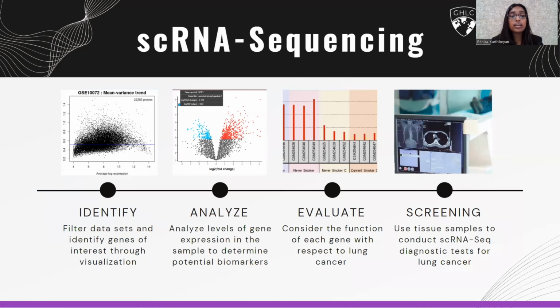In the context of lung cancer diagnoses, scRNA sequencing can be used to identify genes of interest, analyze levels of expression, and evaluate the function of those genes in the context of lung carcinomas. And once researchers have determined that a particular biomarker is a strong indicator of lung cancer, it can be used in diagnostic screening.